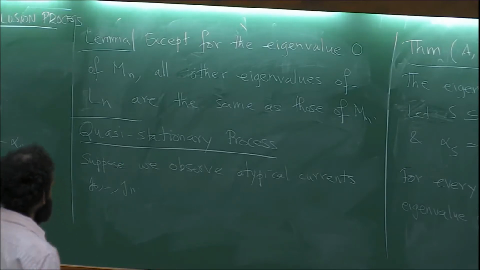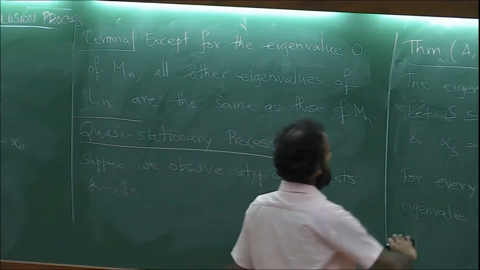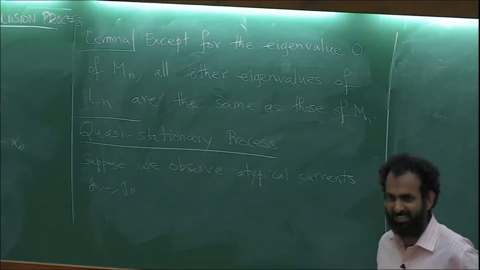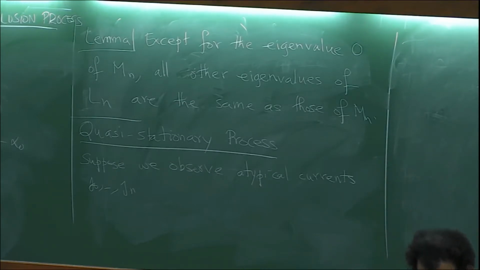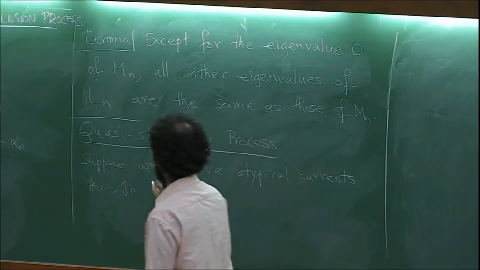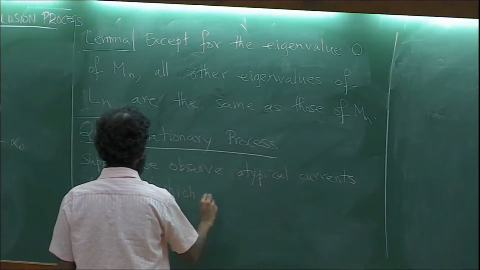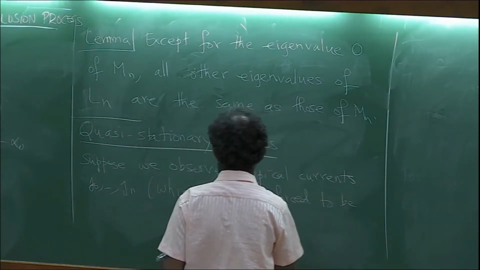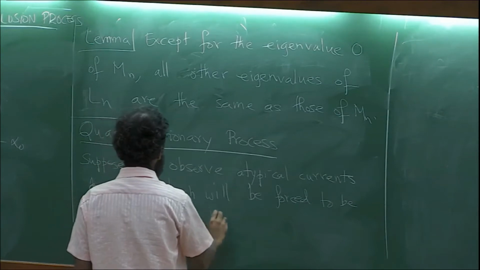Then the corresponding quasi-stationary process for those values of the atypical current is given by the modified Doob transform, which Shetrit and Touchet have introduced. So these atypical currents for the quasi-stationary process again will satisfy the same constraint, which will be forced to be equal in quasi-stationarity.